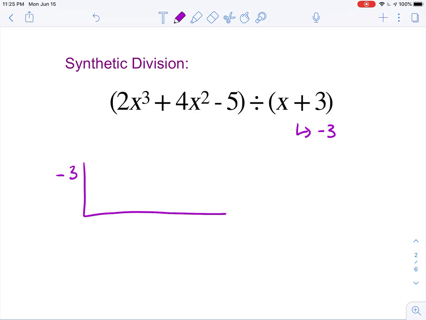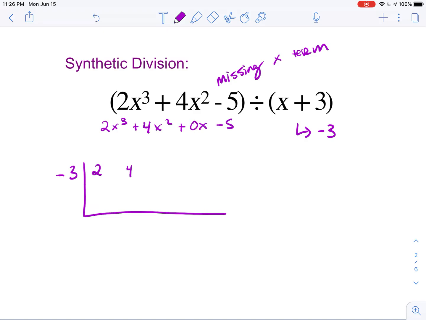Now, x to the third has a coefficient of 2. X squared has a coefficient of 4. But we are missing a term. We are missing our x term. So what we do, if we are ever missing a term, is we create a placesaver. We know that this could be rewritten as plus 0x.